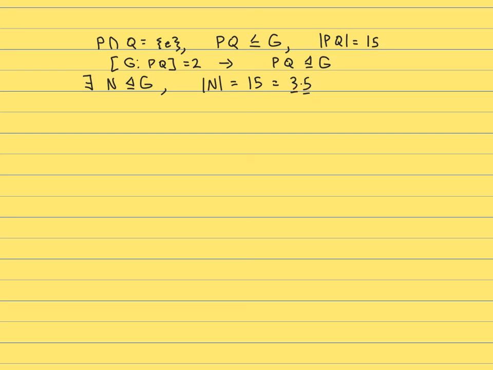So by the previous case we just discussed, N is cyclic. So just by studying Sylow theory, we've now determined that every group of order 30 has a normal subgroup that is cyclic and of size 15.